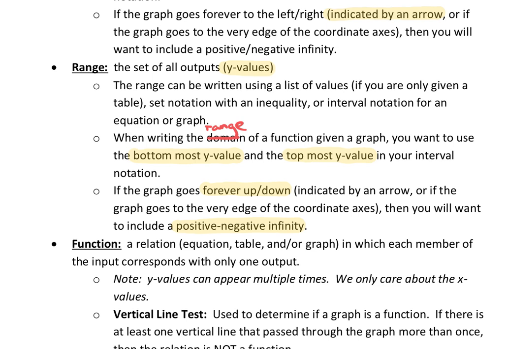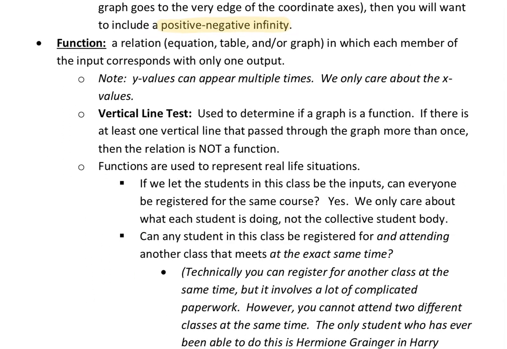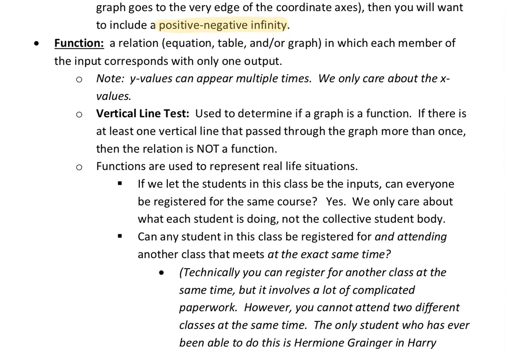The last thing that we want to talk about is we said that this section was devoted to functions. And so let's talk about what it means to be a function. A function is a relation. And again, a relation can be an equation, a table, and or a graph. And a function is a relation in which each member of the input corresponds to only one output.